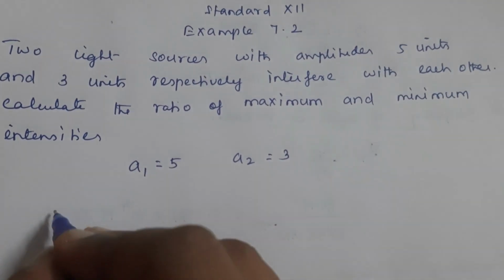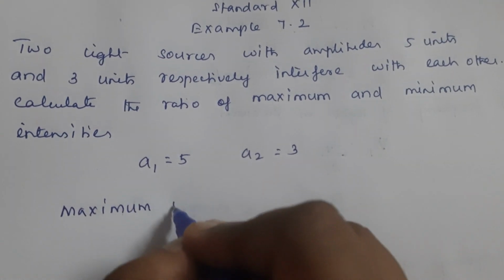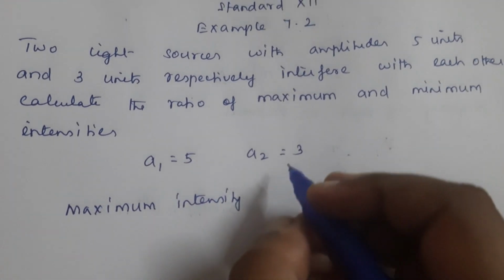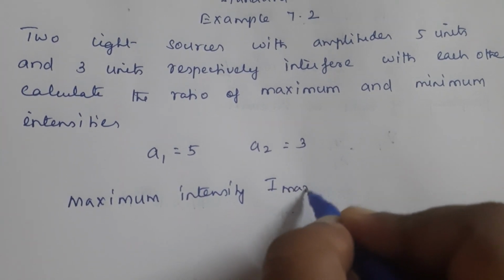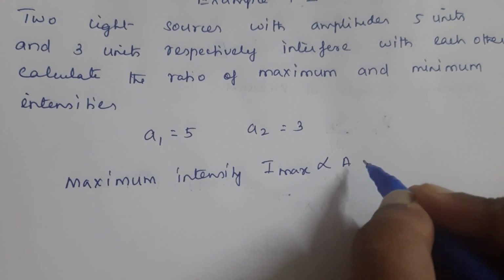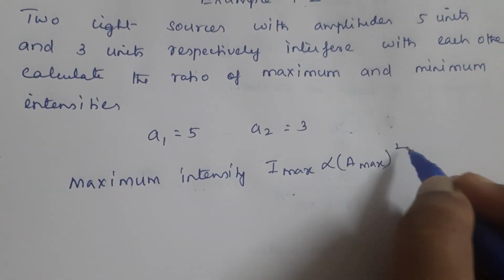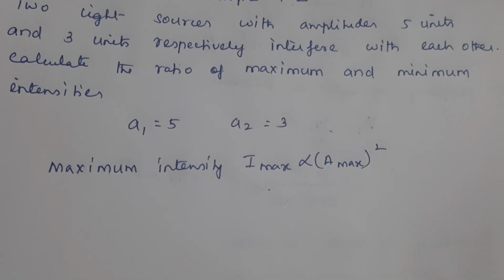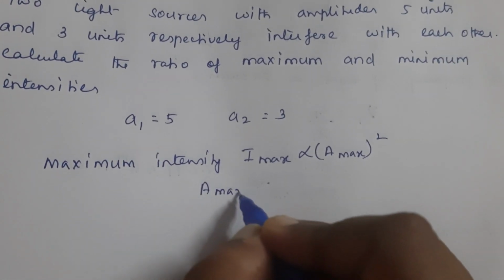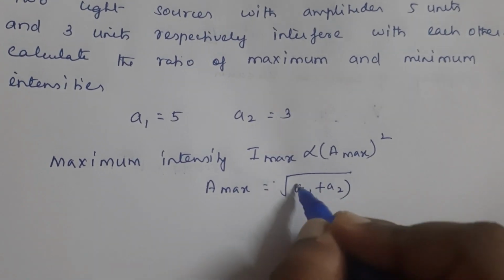Okay. So maximum intensity, okay, that is I maximum. I maximum is proportional to A maximum square. I maximum is proportional to what? A maximum square. So what is A maximum? A maximum is equal to A1 plus A2, the whole square.